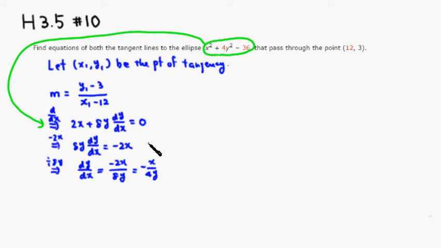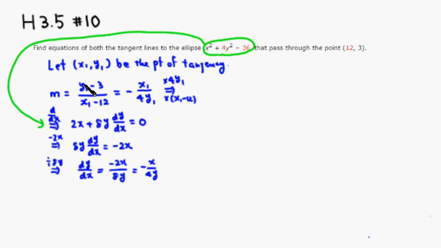Since we're talking about the same slope, if you plug in x1 and y1, it gives exactly the same as (y1 minus 3) over (x1 minus 12). So this has to be equal to negative x1 over 4y1. Then I'm going to multiply both sides by 4y1 and also the quantity (x1 minus 12), so that we don't have to see fractions.